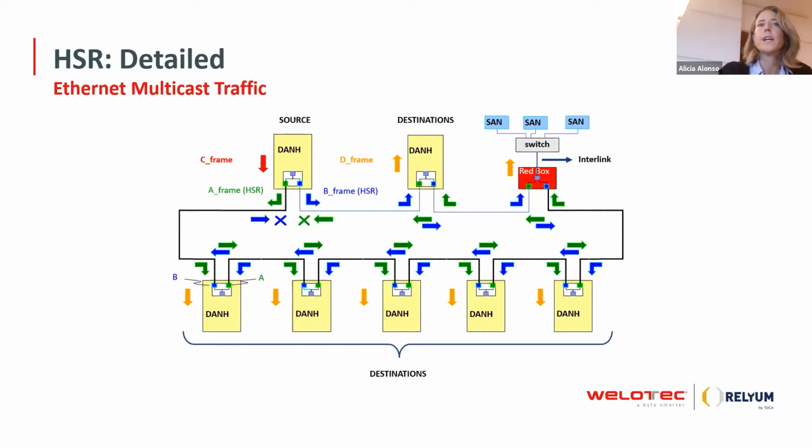So here also you can see the two elements that were mentioned by Justina, the red boxes that connect the single attached nodes to the ring, and also the dual attached nodes, which have the red box functionality embedded in the node.